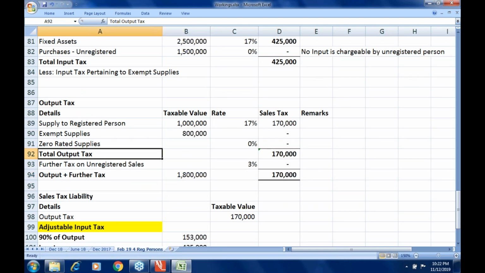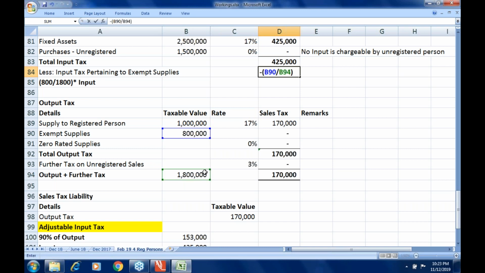The total supplies are worth 1.8 million. So we are going to say 800,000 out of 1.8 million multiplied by the input tax value of 425,000, so 188,889.